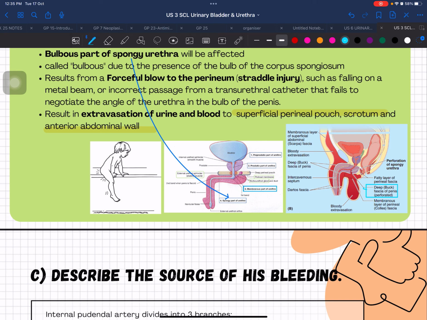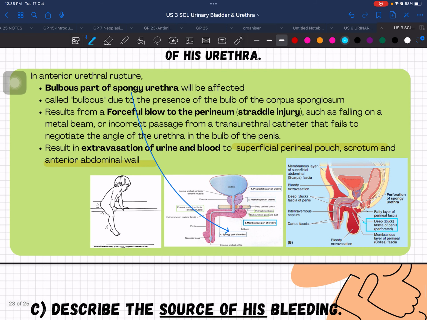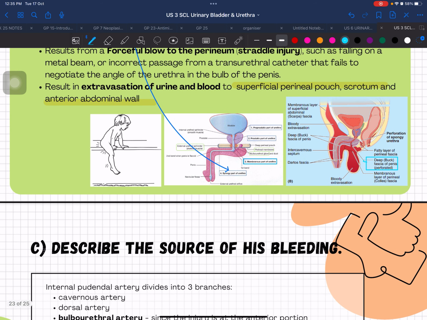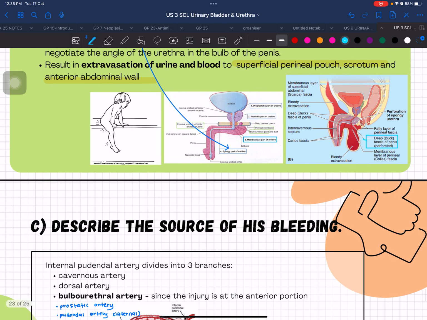This Buck's fascia covers the erectile tissues, the corpus cavernosum and also the spongiosum. The three erectile tissues are covered by a fascia, which we name Buck's fascia. All the blood vessels are inside. So if it is localized, it means they are confined by Buck's fascia.